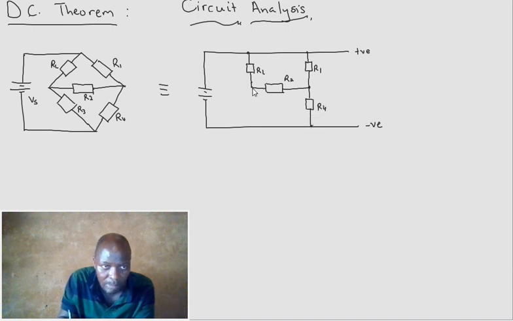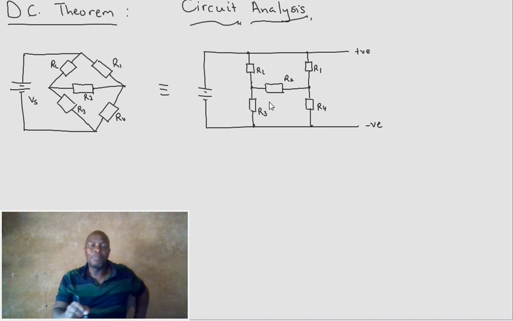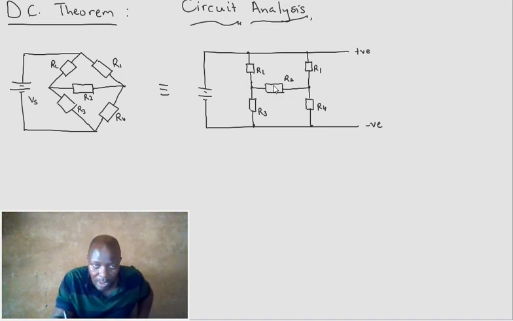Between RL and R2 we have R3 taking us to negative. So this is R3.